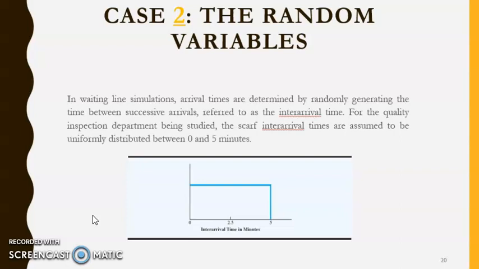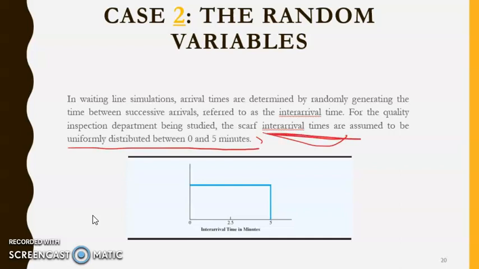You already know it, so you just need to work on the conceptual understanding of this page. So the random variable that you are working with is the inter-arrival time, and it is uniformly distributed between 0 and 5.